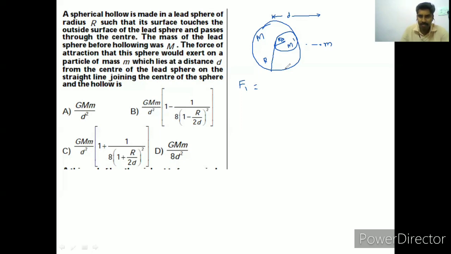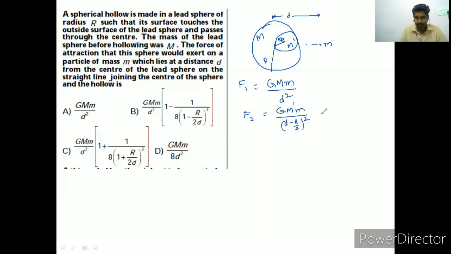In between these two, how we can write: G m m by distance d square. Second, the gravitational force between the removed mass and the particle mass. So how we can write: G m dash m by distance, how much we get here: d minus r by 2, whole square.